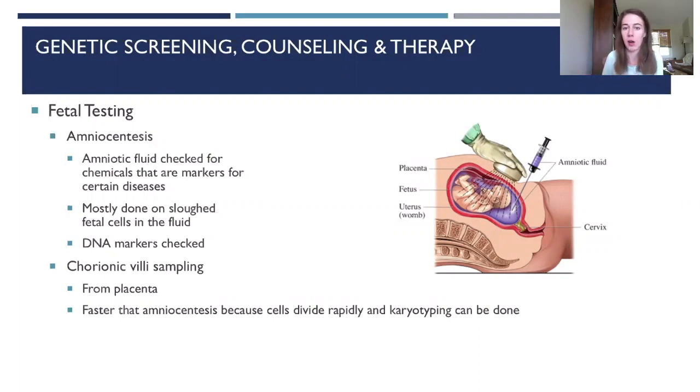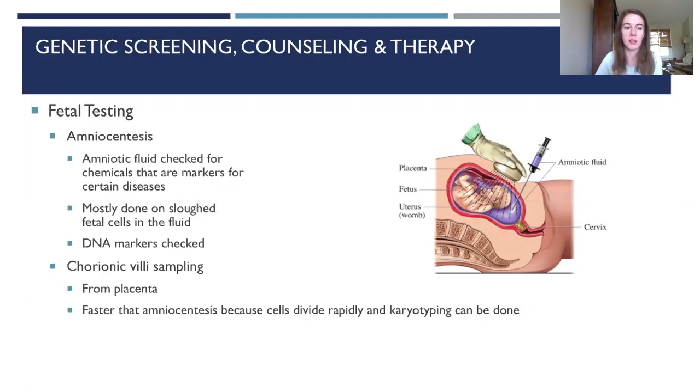So that's going to carry all the same DNA that will be in the body cells of the fetus. And those are rapidly dividing cells, which allows you to pretty easily do this testing. And it's a faster way to do it. You're not putting a needle in, but you still have to put like a suction tube up into the cervix and suction off a little bit of that chorionic villi, some of that tissue around there.